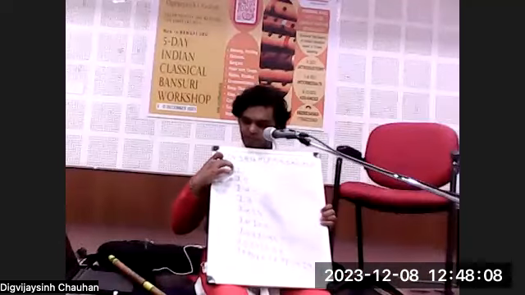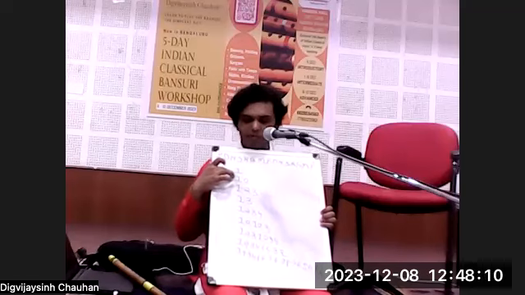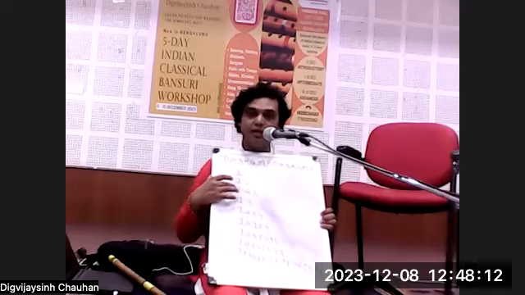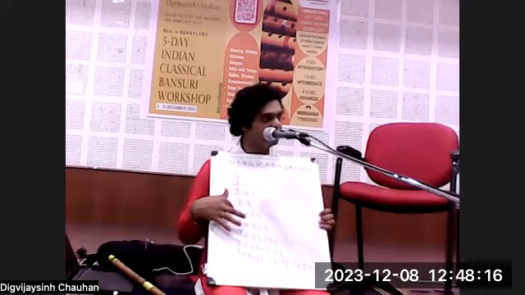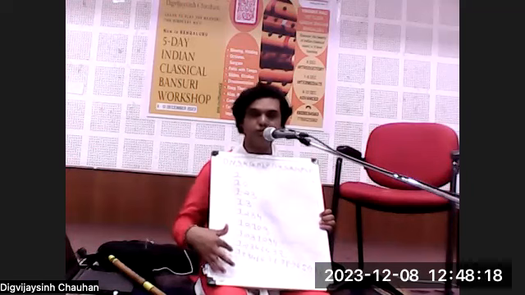Out of this, we just played 1, 1, 2, and 1, 2, 3. 1, 3 we'll see later on. Now we'll be going to play 1, 2, 3, 4, and a few lists of Alankars.